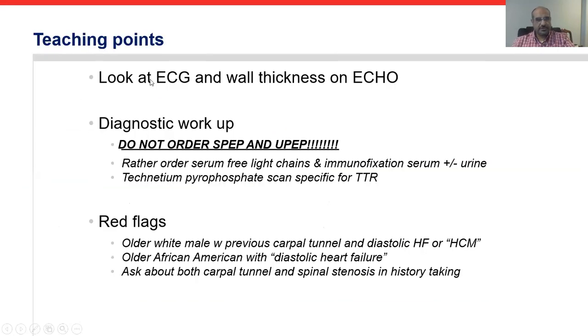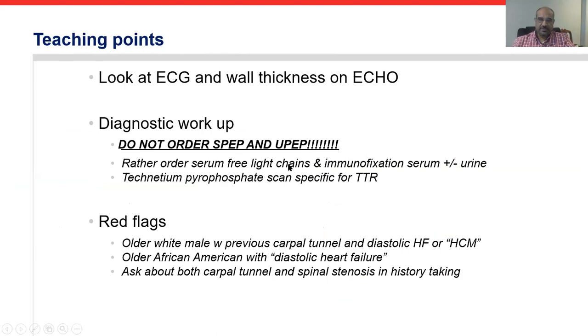So the teaching points here: look at the ECG and wall thickness in the echo. This will help you suspect cardiac amyloidosis, plus the clinical presentation. Don't order serum protein electrophoresis or urine protein electrophoresis. Rather, order serum free light chains.